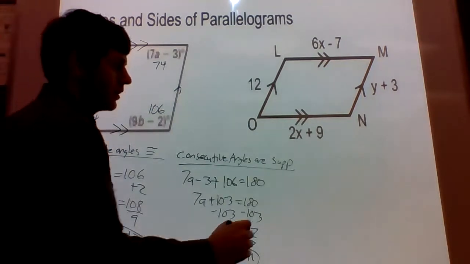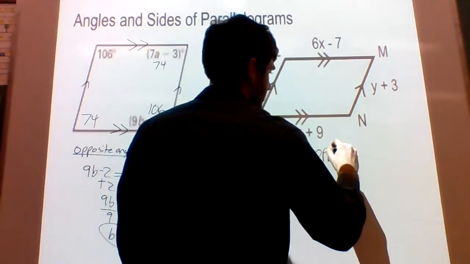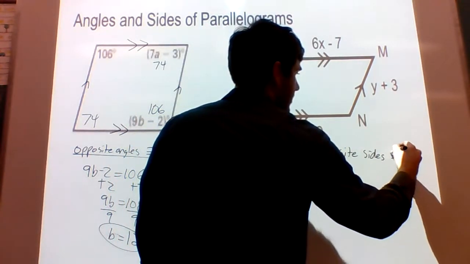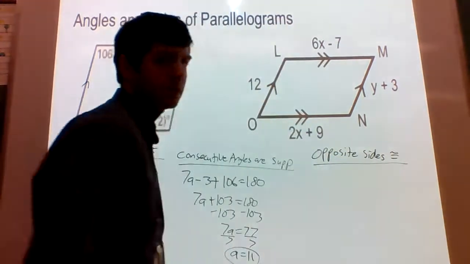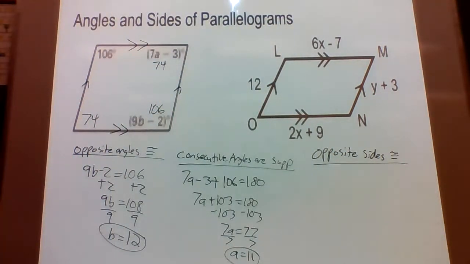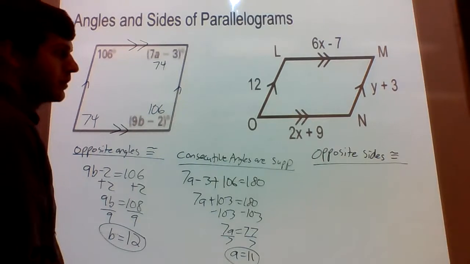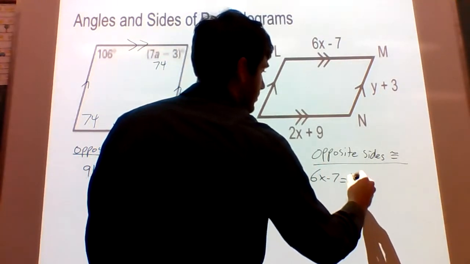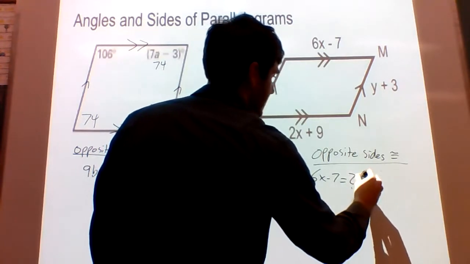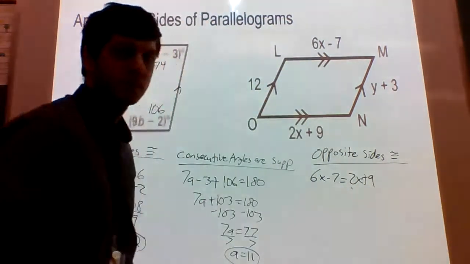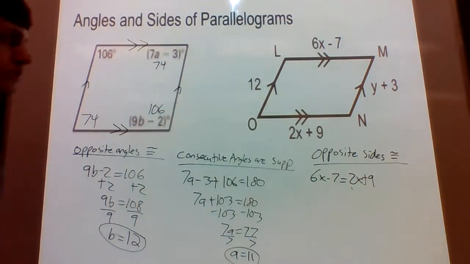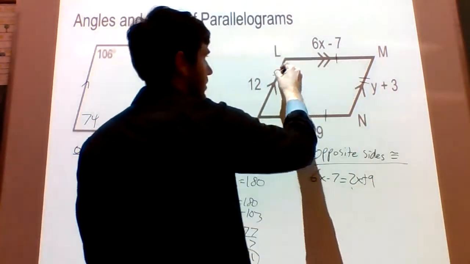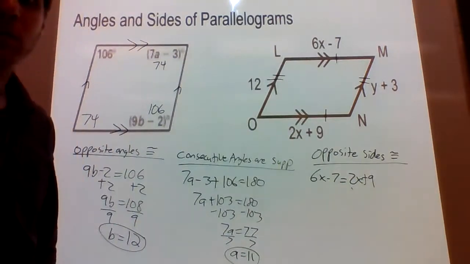Opposite sides of a parallelogram are congruent. So we know 6x minus 7 is going to equal 2x plus 9. We also know that y plus 3 is going to equal 12.